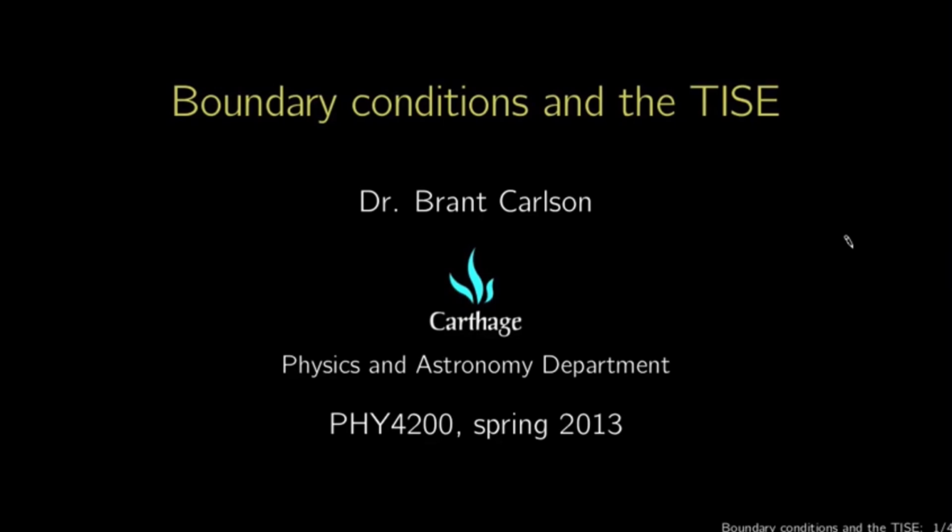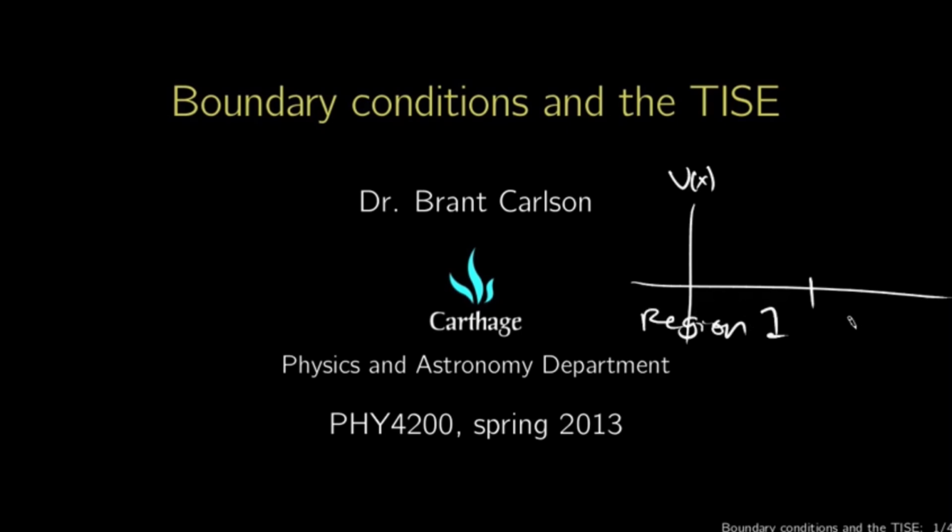When you're trying to solve the time-independent Schrödinger equation for a complicated potential, for instance, a potential V of x that's defined as a function in one region and then another region having a separate function, you may end up with a well-defined solution in region 1 and a well-defined solution in region 2.